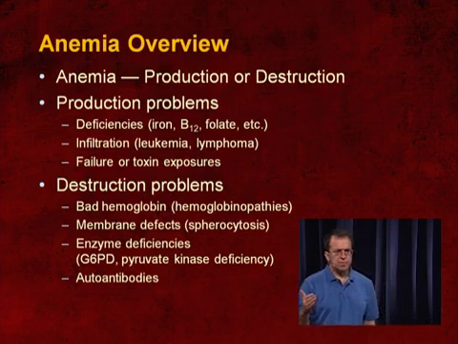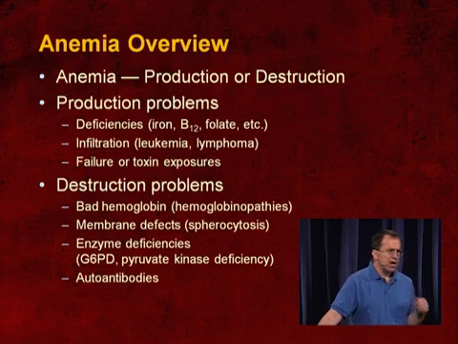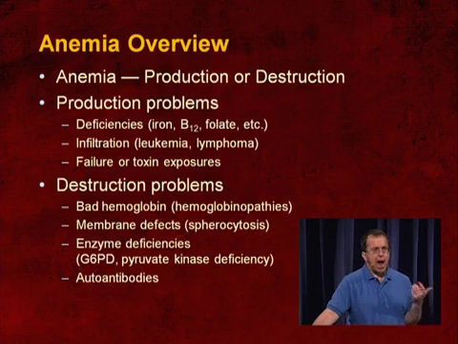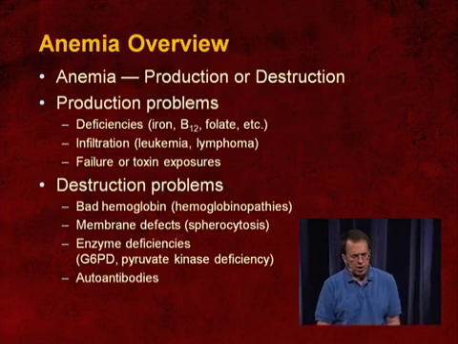Destruction problems, okay? And I really want you to think of destruction problems in a very big way. Destruction problems can be bad hemoglobin, just something wrong with the hemoglobin. Either it's missing part of the tetramer that we're going to talk about, or one of those chains in the tetramer has some mutation, hint, hint, sickle cell, right?